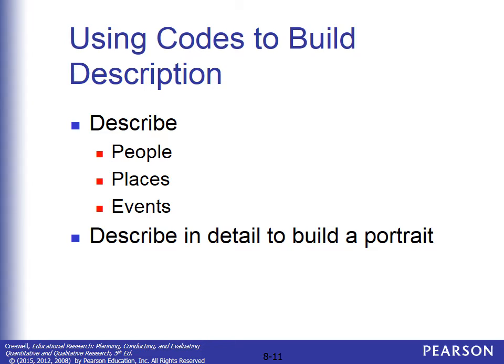And this is key, because sometimes when I read student research papers, they don't get to the heart of what the central phenomenon is. They simply describe. And it's okay to describe, but you need to also get to the heart of themes and describe the process of how you went about arriving at those themes.